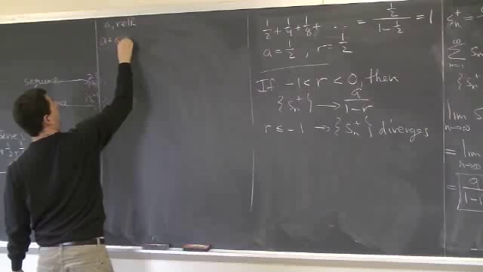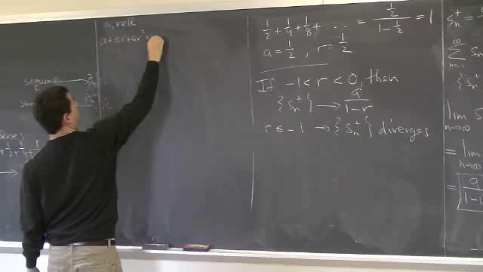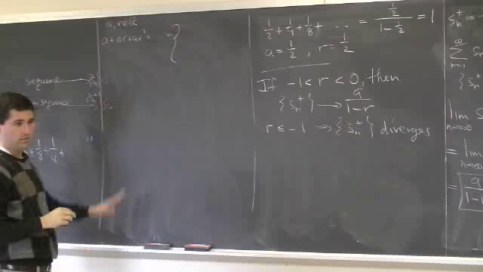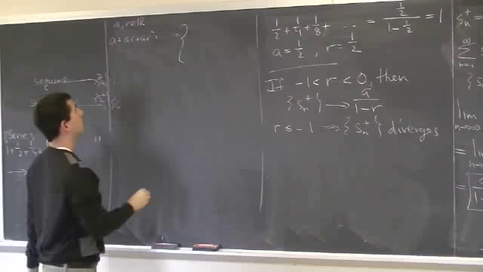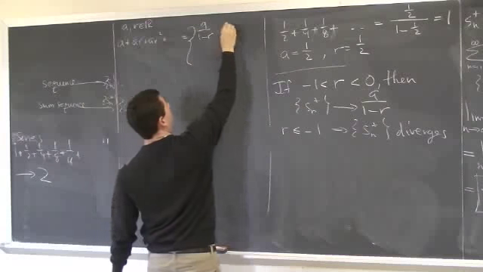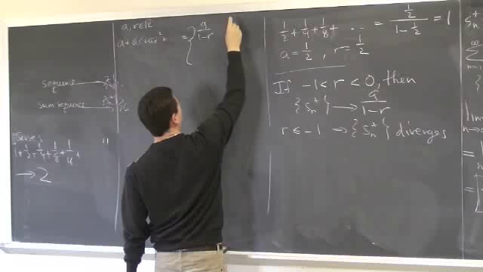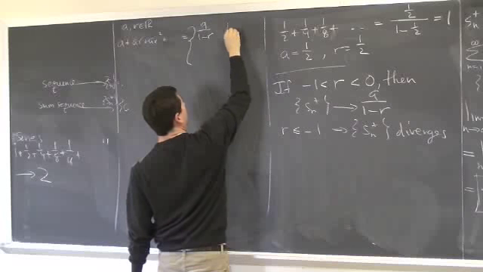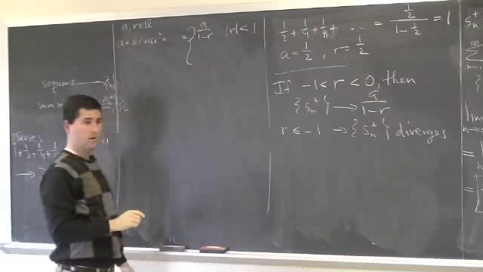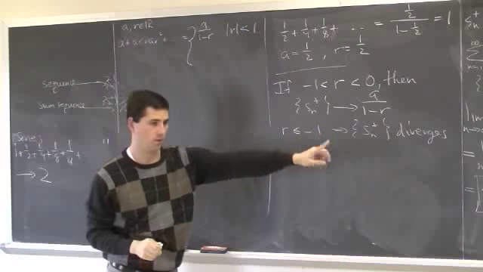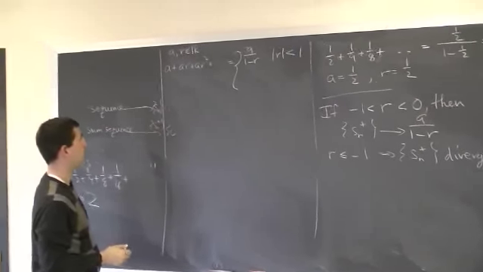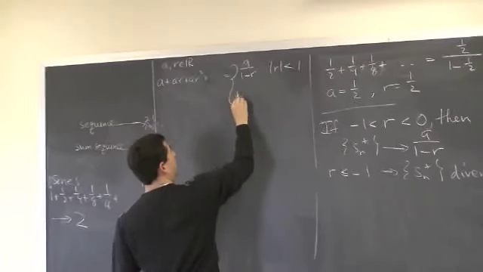So A plus AR plus AR squared plus dot dot dot, this is the infinite series, equals A over 1 minus R if the absolute value of R is less than 1. So this means it's between minus 1 and 1. And it diverges otherwise.